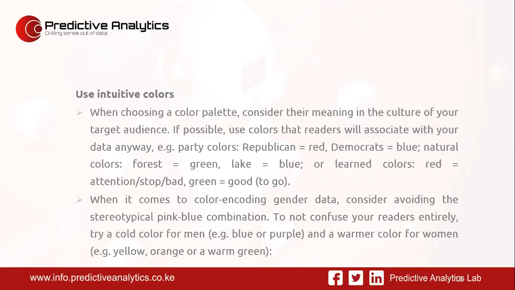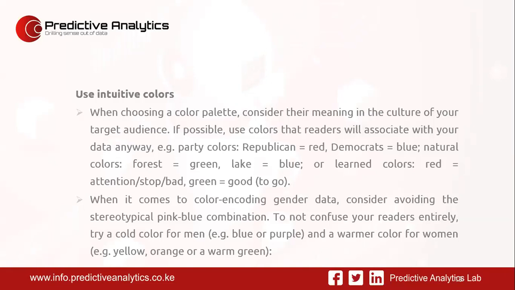When it comes to color encoding gender data, consider avoiding the stereotypical pink-blue combination. In most illustrations, pink is associated with females and blue is associated with males. To not confuse your readers entirely, try a cold color for men, for example blue or purple, and a warmer color for women, for example yellow, orange, or warm green.